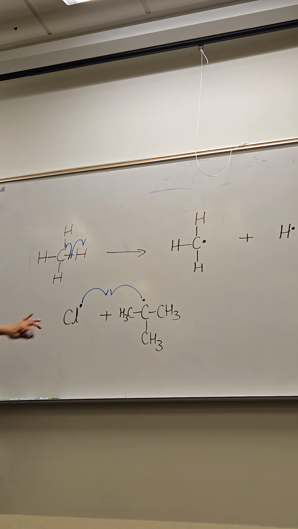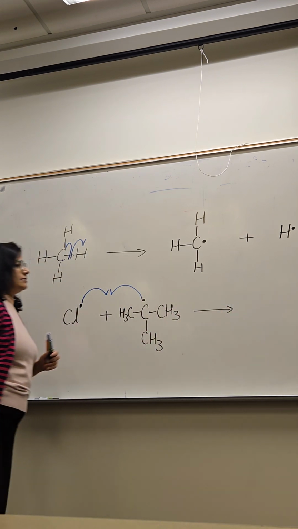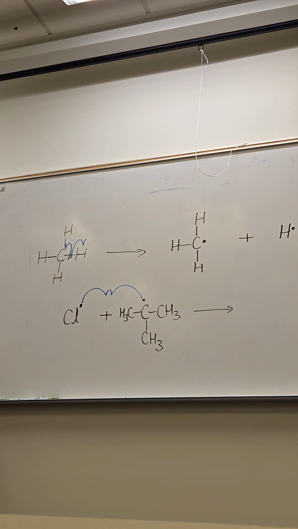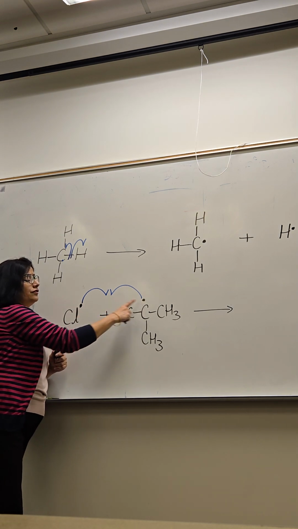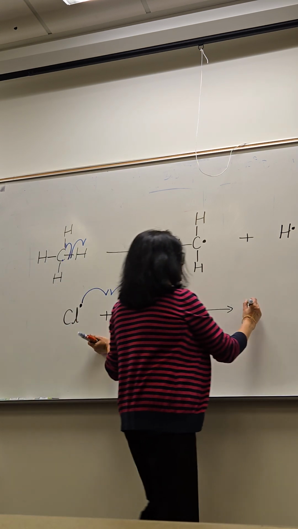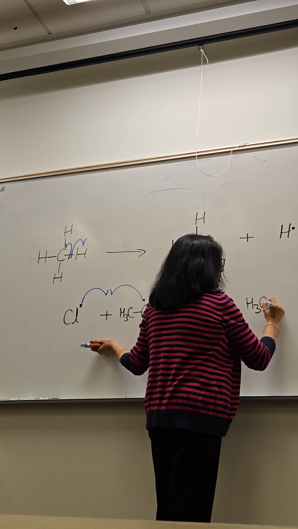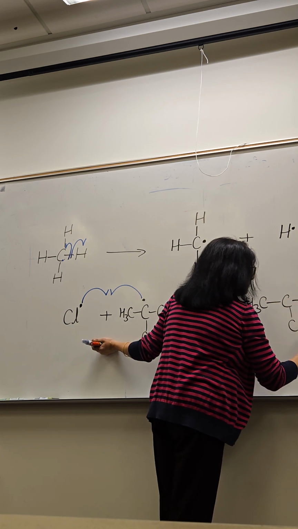Now notice single-headed curved arrows, but can someone tell me what will be the outcome of this process? So when the electron from chlorine pairs up with the electron from carbon, what would be the consequence of that? T-butyl chloride. Exactly. That is going to create a covalent bond between carbon and chlorine.